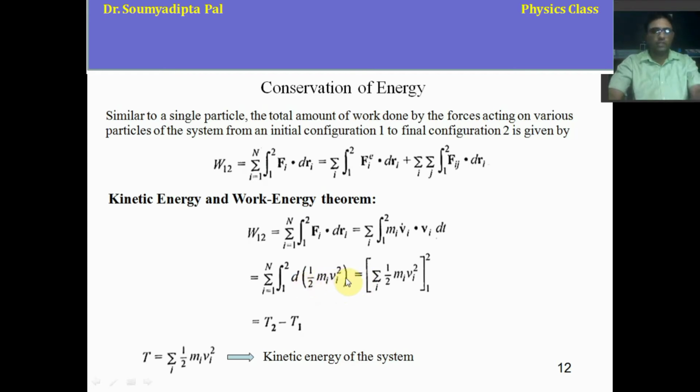Okay, understood? Now here this is the initial point, this is the final point, and if we do so, we get the kinetic energy at the second point minus the kinetic energy at the first point, and this change in kinetic energy is actually the work done. This is the work energy theorem that we know.